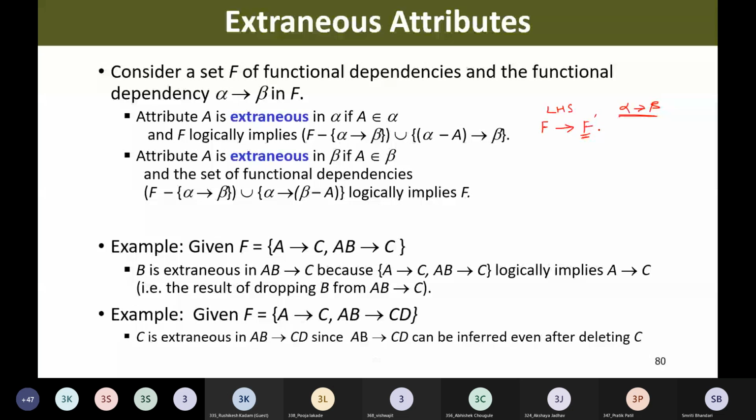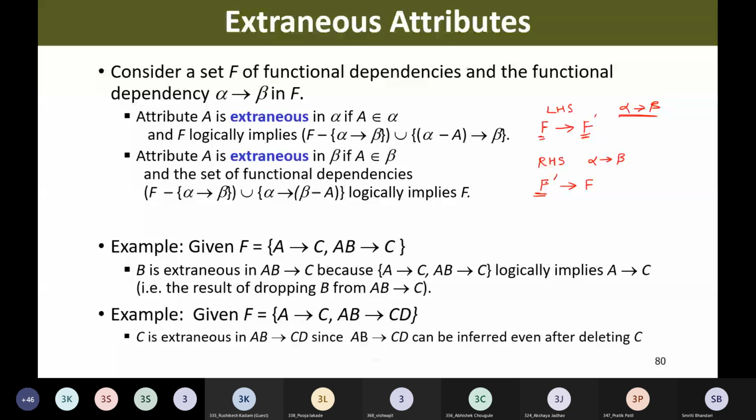If I want to check whether the attribute is extra in RHS of the functional dependency alpha to beta, then I am going to check whether the new set F dash can logically infer the original set F. F dash is computed in the same way: I remove the attribute under consideration from the respective functional dependency on the right hand side, and whatever remains is in my F dash.